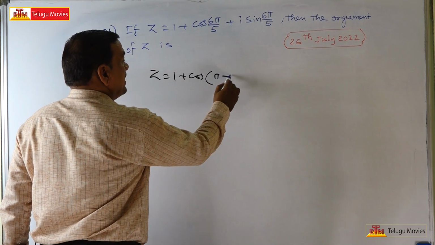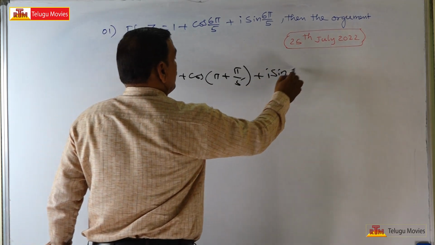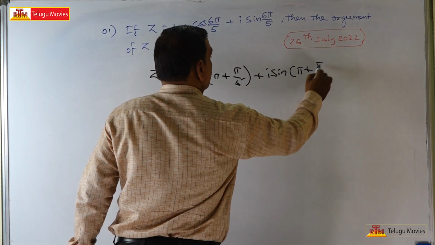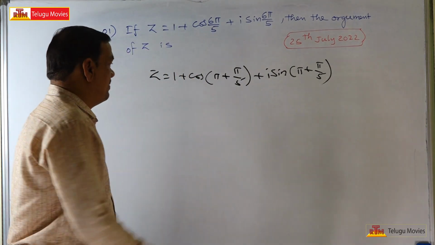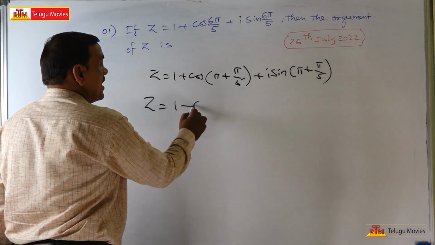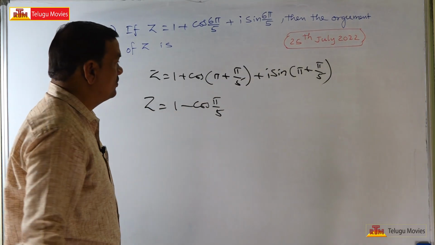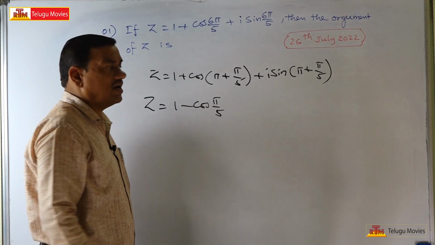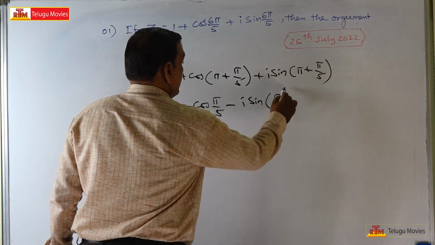Can I write 6π/5 as π plus π/5? Yes, because 5π plus π is 6π, over 5. So Z equals 1 minus cos(π/5) minus i sin(π/5). Both are in the third quadrant, where both cos and sin are negative.